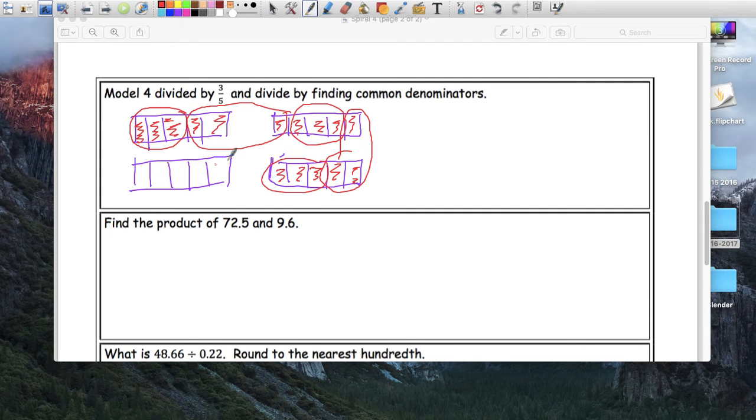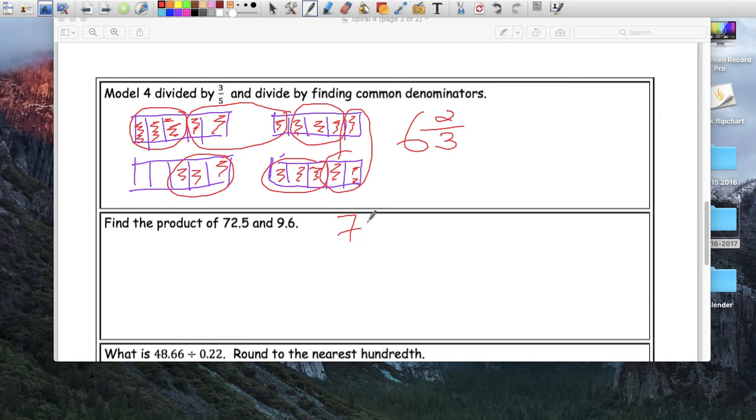That's 3/5. So for sure, if I had 4 chocolate bars or pizzas and cut them into 3/5, I can make 1, 2, 3, 4, 5, 6 groups of 3/5. And the last one, remember, I'm making groups of 3s. I can't make a group of 3, but I can make 2 out of the 3 that I wanted to. So here's my answer.